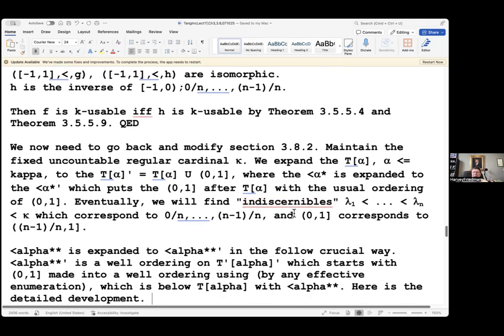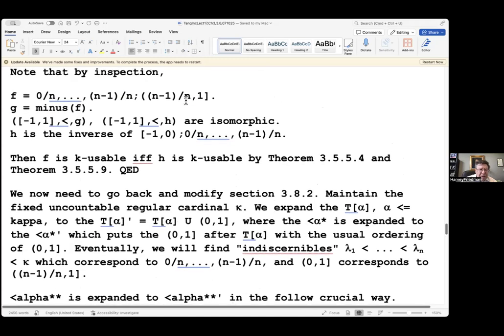And now, I think I just have time to talk about the strategy. In order to get the usability of this altered function, remember this one here.